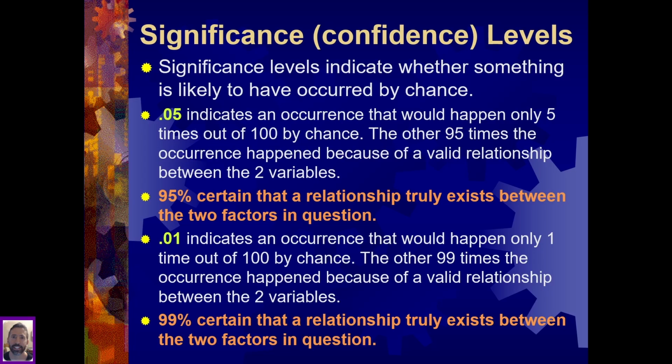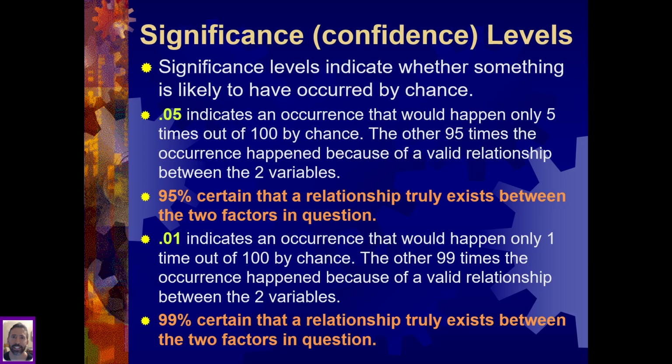The way that I like to state that is that we are 95% certain that a relationship truly does exist between these two factors. So if your R value is significant at the 0.05 level, that means we are 95% certain that a relationship truly does exist between these two factors, and that it did not occur purely by chance.